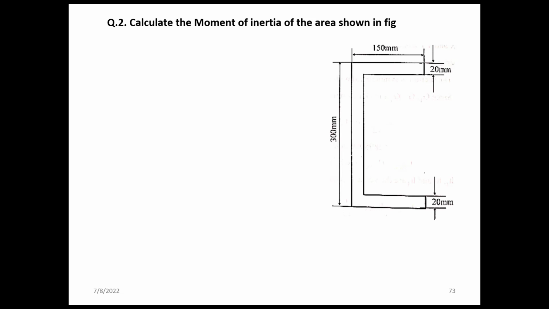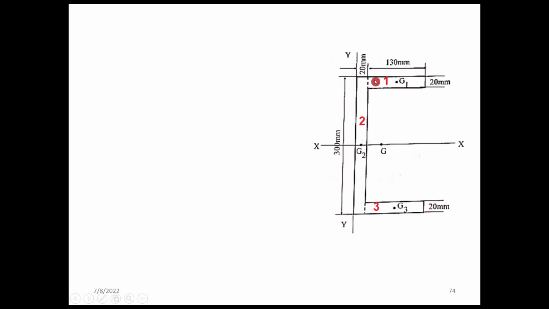Whatever number of areas you take, make sure that you're taking them in the right way. In this solution, they have taken 1, 2, and 3. Area 1 will be 130 by 20, area 2 will be 300 by 20, and area 3 will be the same as 130 by 20.